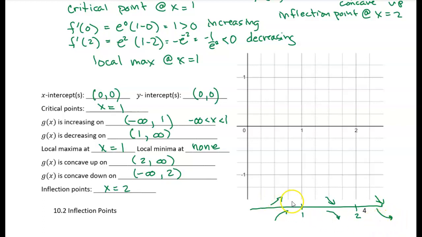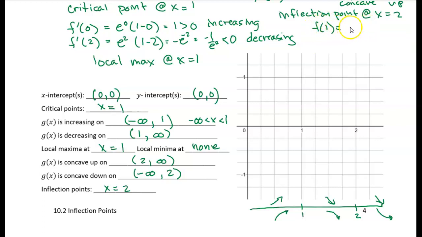Now, the other thing we need is some points, so we can evaluate the points 1 and 2, because that was where our critical point and our inflection point were, so it might be nice to graph those actual points. So I need the value of the function, f of 1.